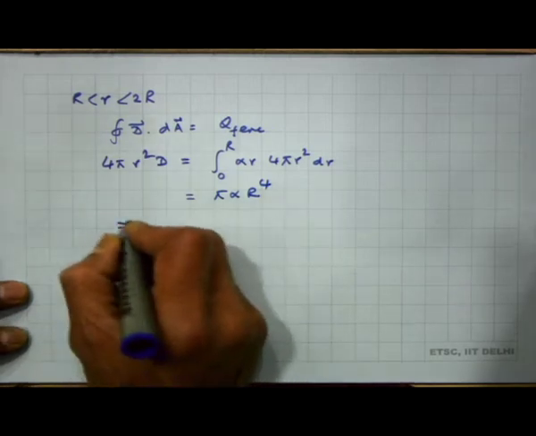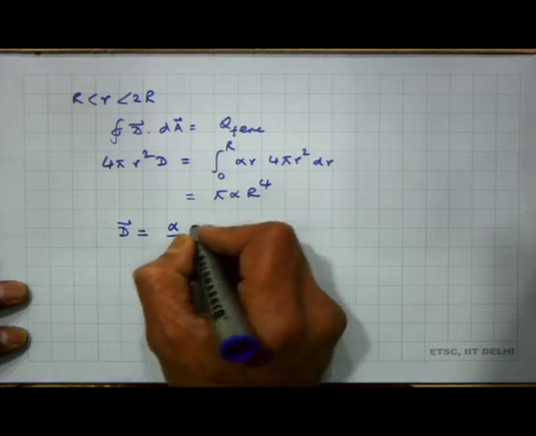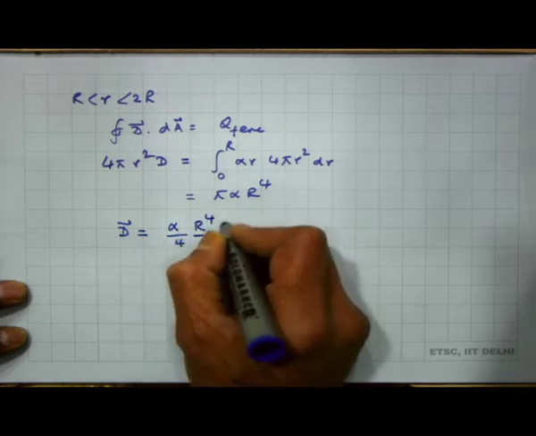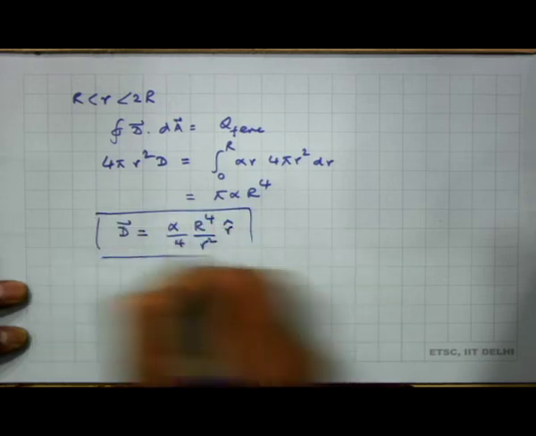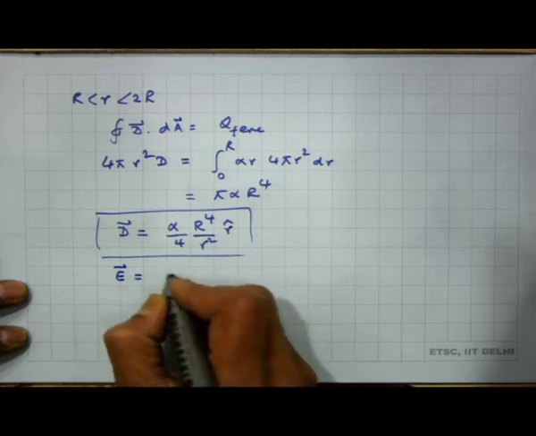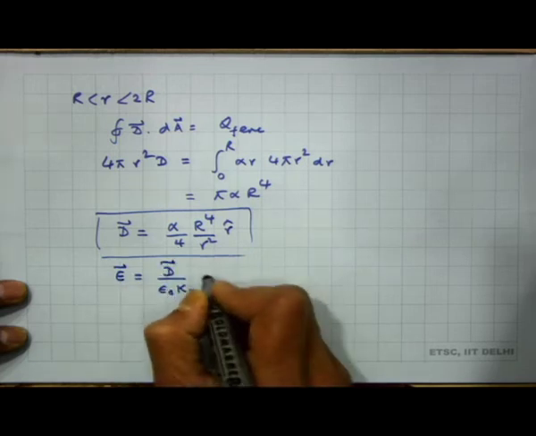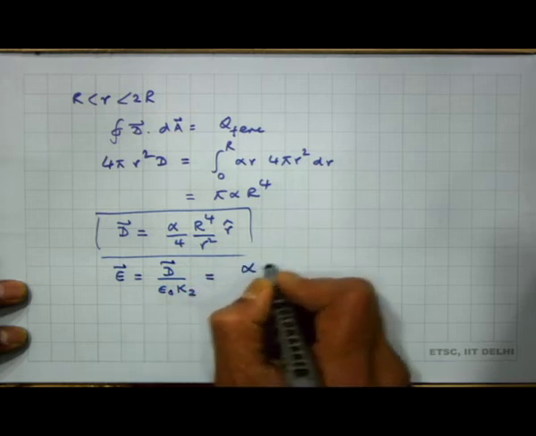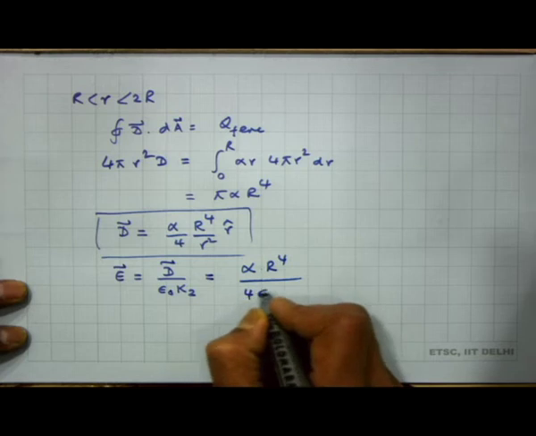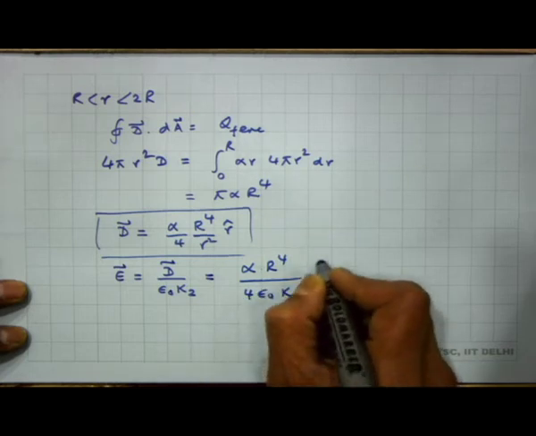So, I can write an expression immediately: D vector is equal to alpha R to the power 4 by 4 r squared r cap, and E vector is equal to D vector by epsilon_0 k_2, the dielectric constant. So, this is alpha R to the power 4 by 4 epsilon_0 k_2 r squared r cap.